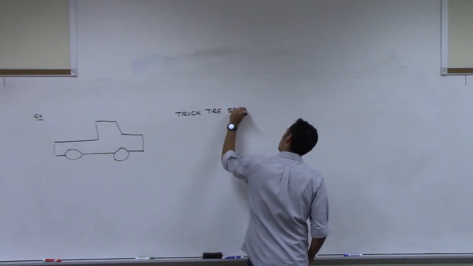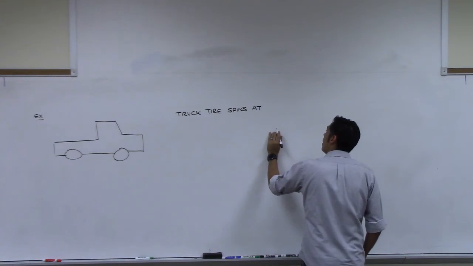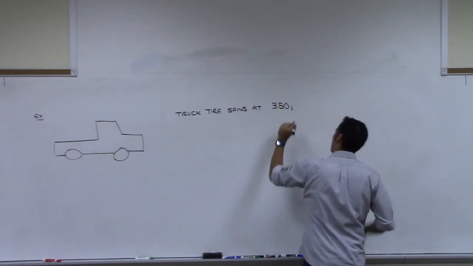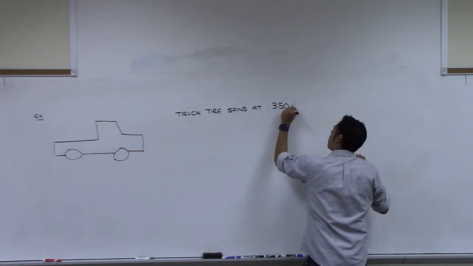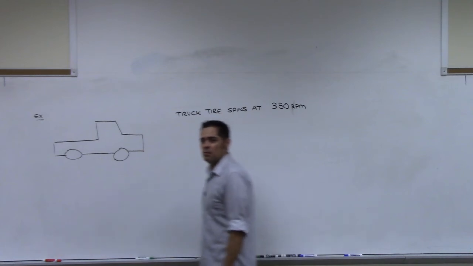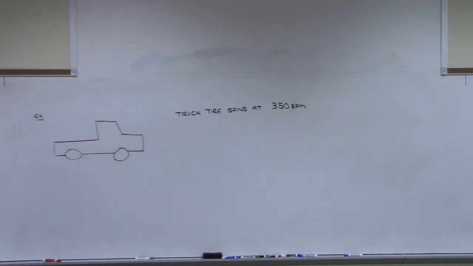spins at, let's go with 350 RPM. What does RPM stand for? Rotations per minute. That wheel's spinning at 350 rotations per minute.